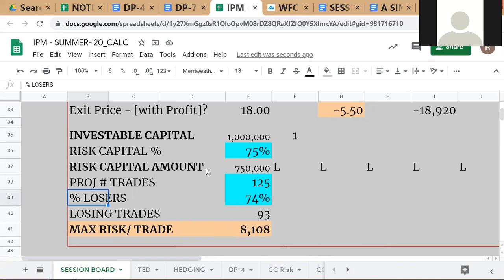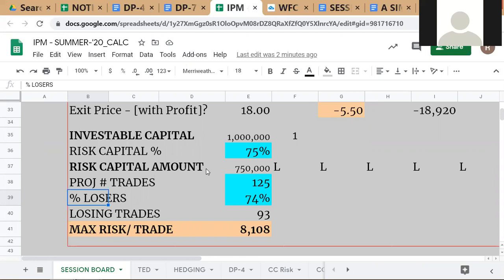But if you had only risk capital of 750K and you end up losing 1.4 million, now that's a problem. So therefore, it's an asymmetric dynamic going on here. Asymmetric means that it's not equal on both sides.